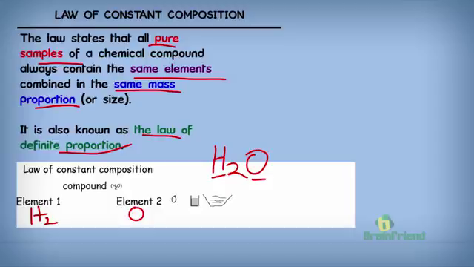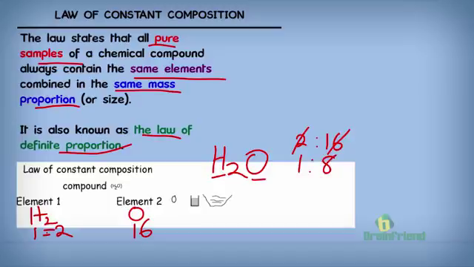Now, their mass proportion: hydrogen has a molar mass of 1, and since it is 2 here, we'll have 2 for hydrogen. For oxygen, it has a molar mass of 16. So the ratio of hydrogen to oxygen is 2:16. And when we factorize out, we'll have 1:8.